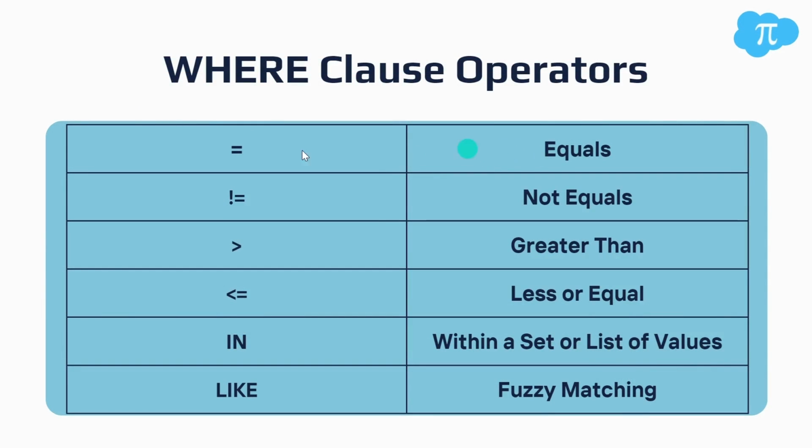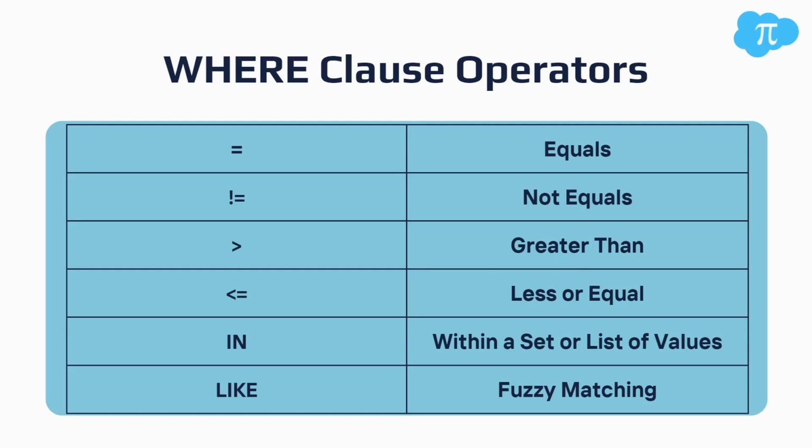We have seen much of these operators in our console. We have used equals, not equals, then if you have a number or date, then we can use greater than, less than or equal. In case you are searching for a particular list of data, then you can use the IN operator and define that particular list in there.